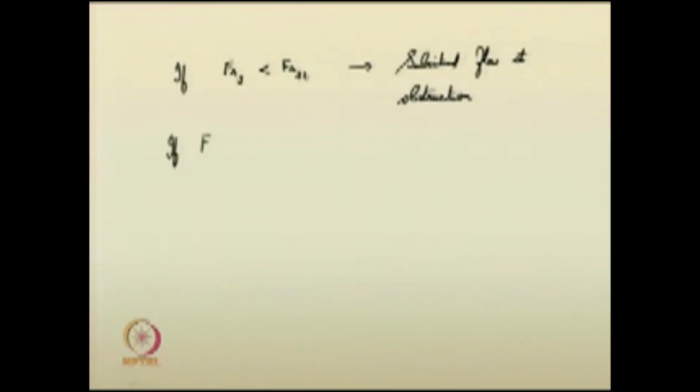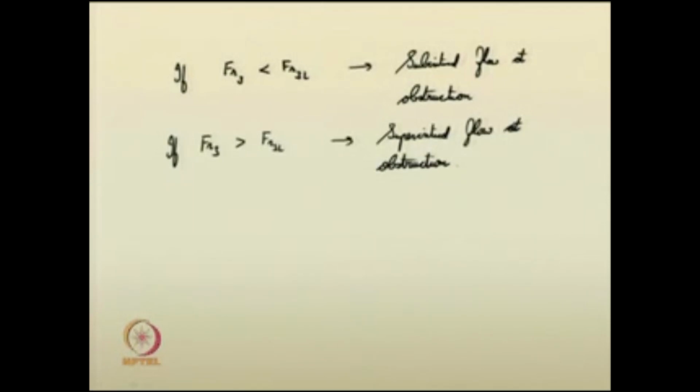If Fr3 is greater than Fr3L, the flow at the obstruction is supercritical flow at the obstruction. So, like that you can suggest criteria now.